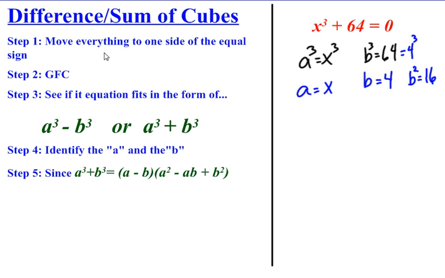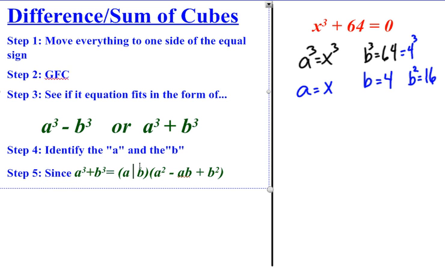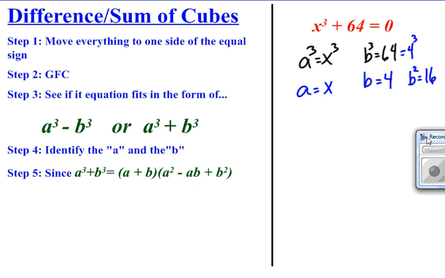So our formula for sums, when we're adding at the beginning, is a plus b, a squared minus ab plus b squared.